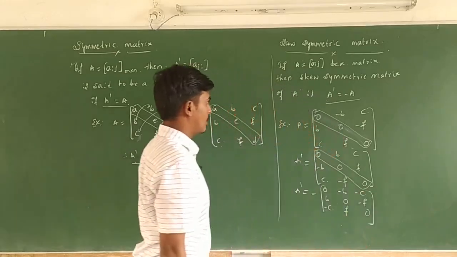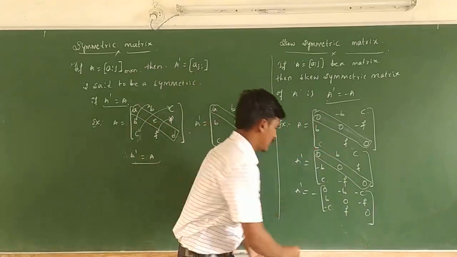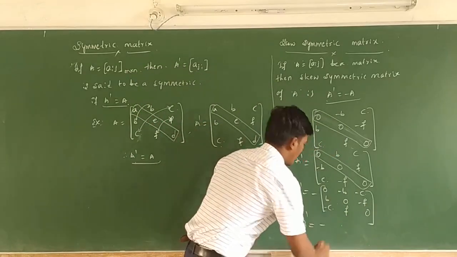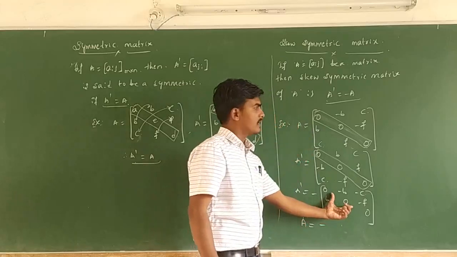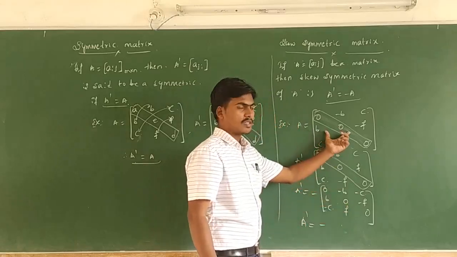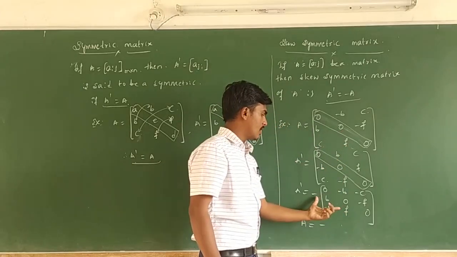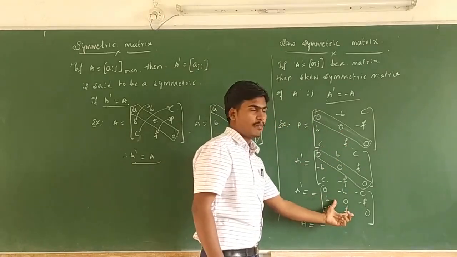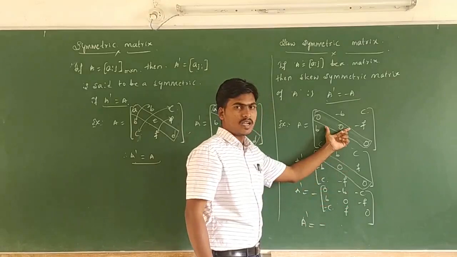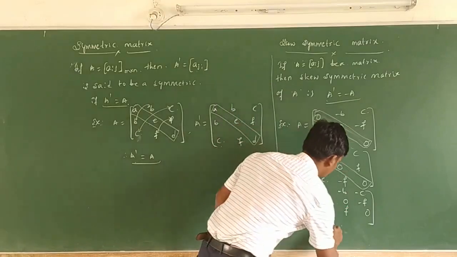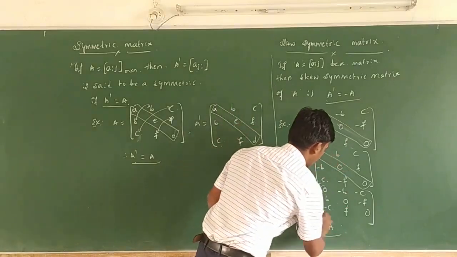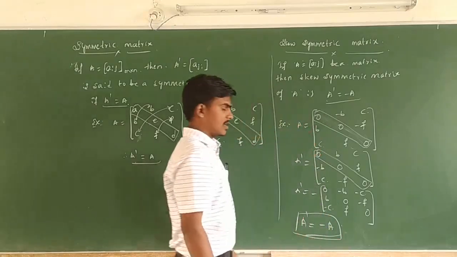Observe, A transpose is equal to minus of this matrix, which is the same as the given matrix A. So what do we write? A transpose is equal to matrix A.